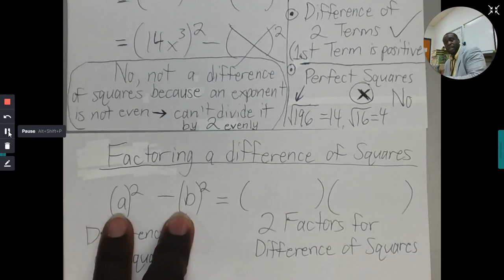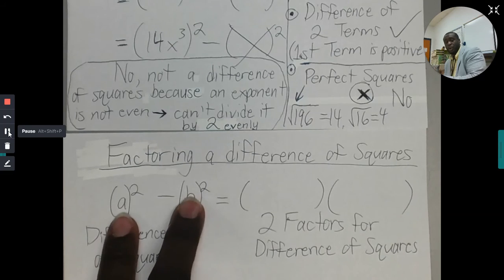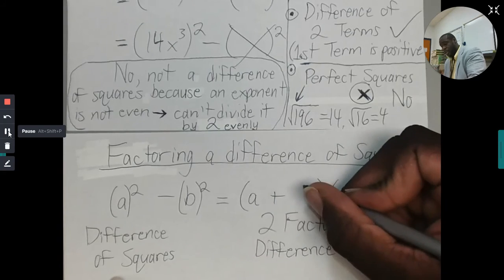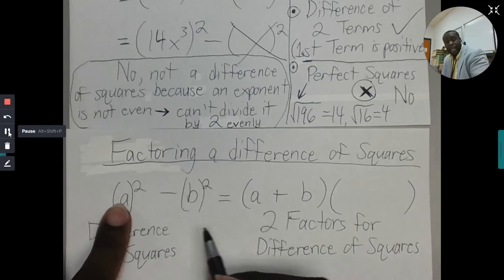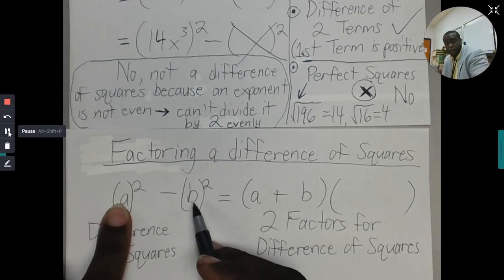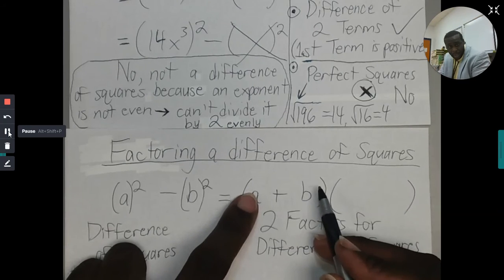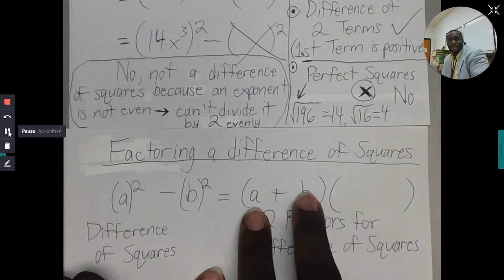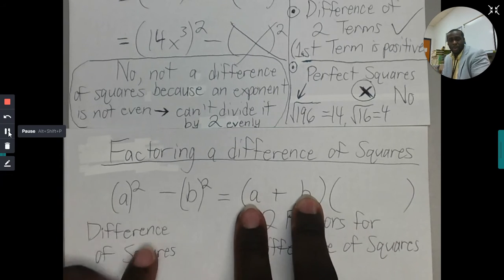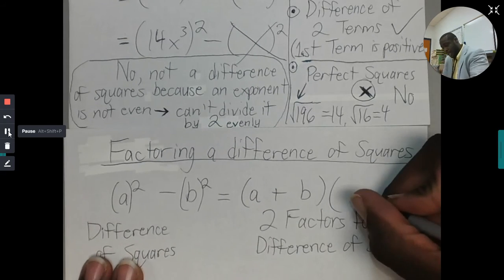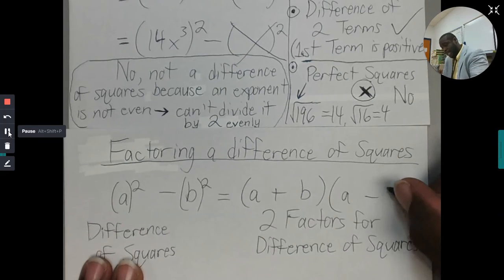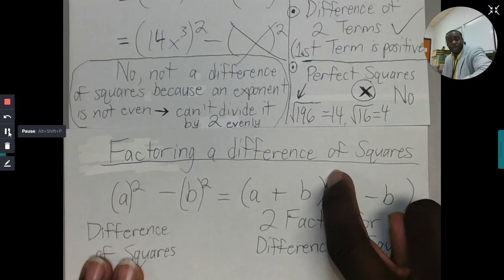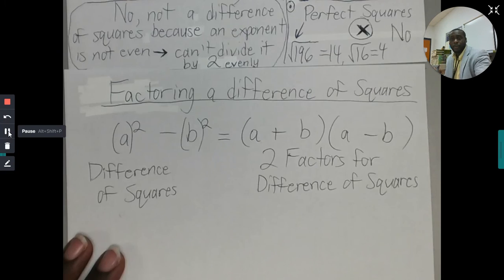If we do have a difference of squares and it can be written in this form, then the 2 factors will be a plus b and a minus b. And notice you don't see any squareds here for the factors, right? You don't see any squareds here for the parentheses.